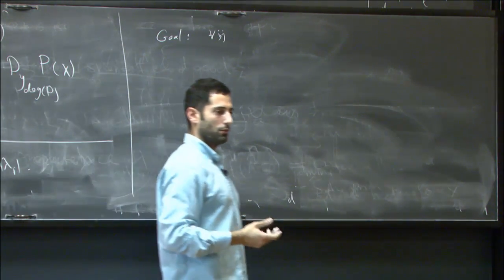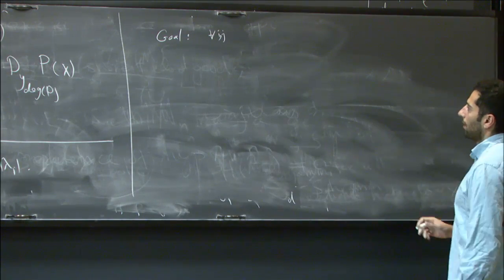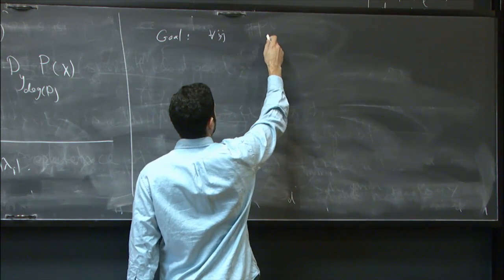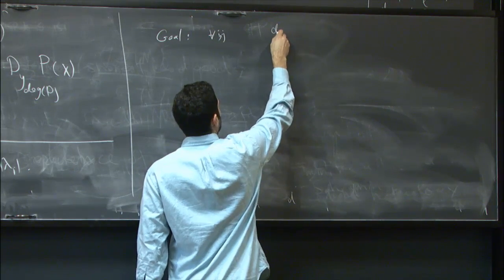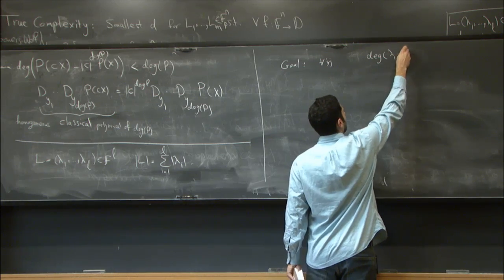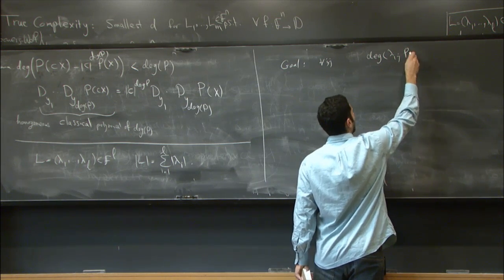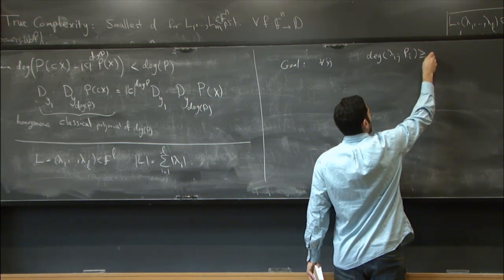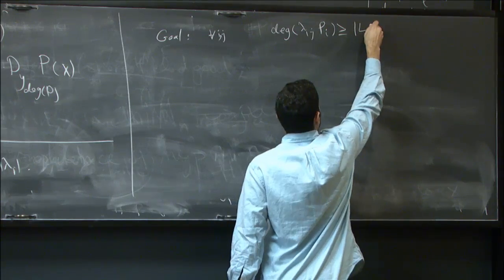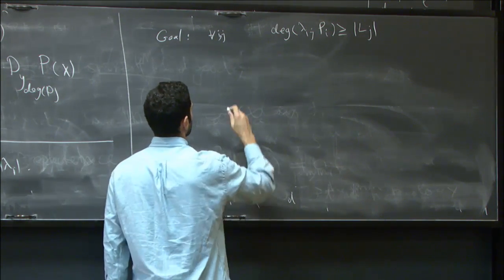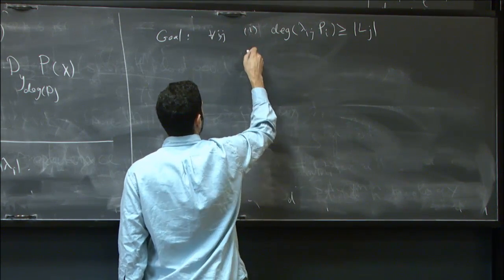So it's kind of the weight of your linear form. Our goal is to rewrite that summation in a form such that the degree of p_i, with coefficient lambda_ij, is always greater than or equal to the absolute value of L_j. You will see why.